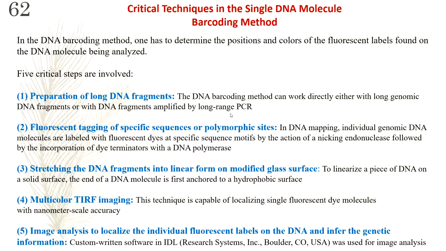And these individual fluorescent labels on the DNA backbones are imaged using TIRF microscopy. This is a technique capable of localizing a single fluorescent dye molecule even with nanometer scale accuracy. So it actually knows on which position or on which base this fluorescent molecule is attached. That is so accurate.